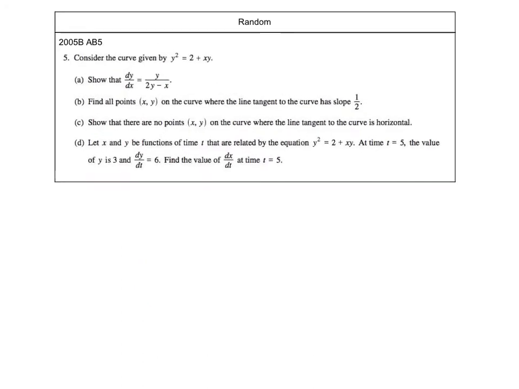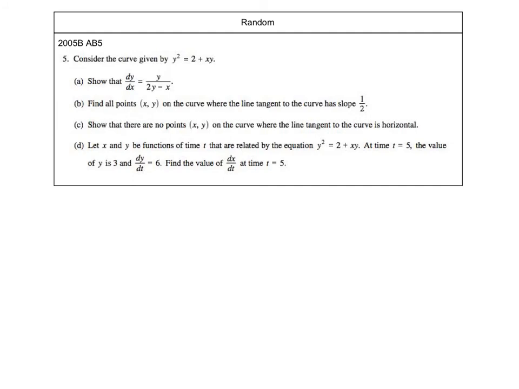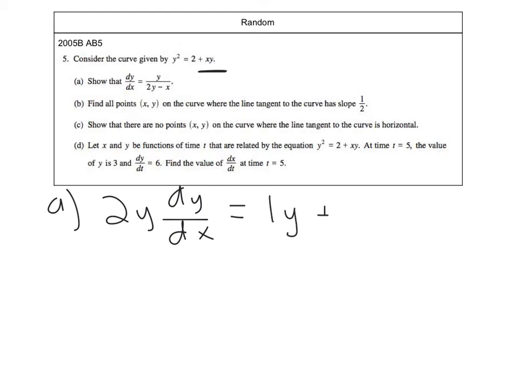Last one for this. Consider the curve. Show that the derivative is that. So the derivative of y squared is 2y dy dx. The derivative of 2 is 0. Product rule there. The derivative of x is 1 times y plus x times dy dx. Let's collect the dy dx's on the left.